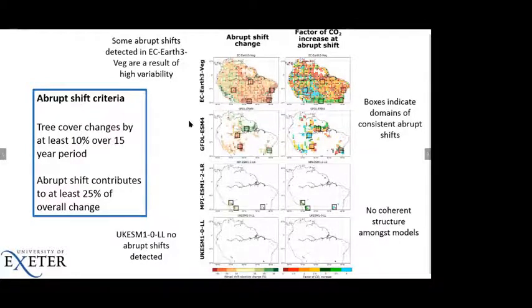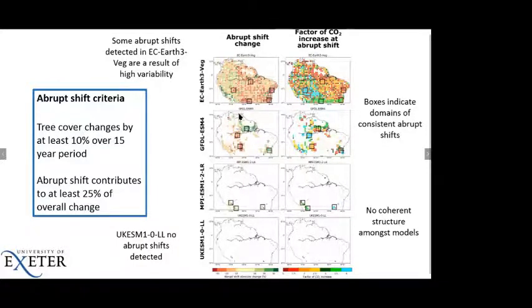Now, the first thing you might notice is that we detect abrupt shifts nearly everywhere in the EC Earth model. But when we looked into this in a bit more detail, what we found is that a lot of these abrupt shifts were due to the high variability within the model.